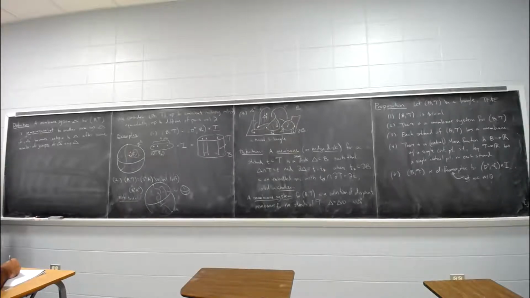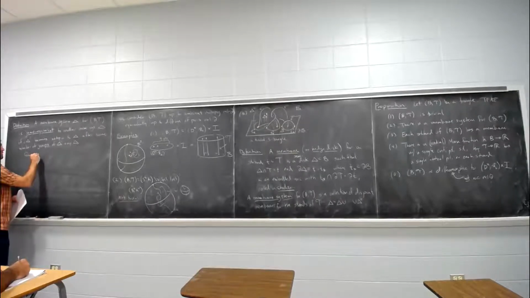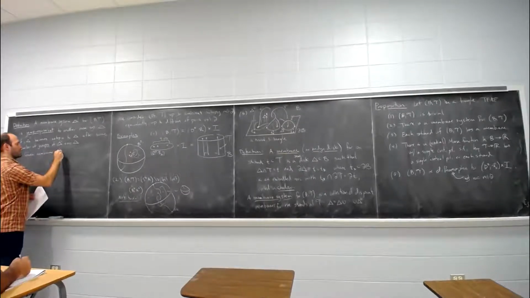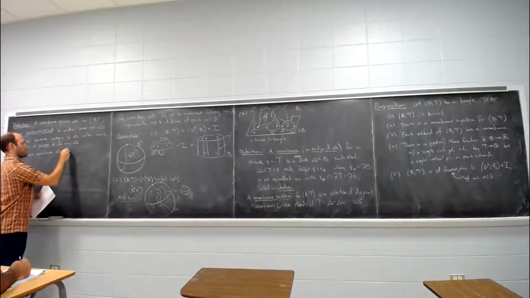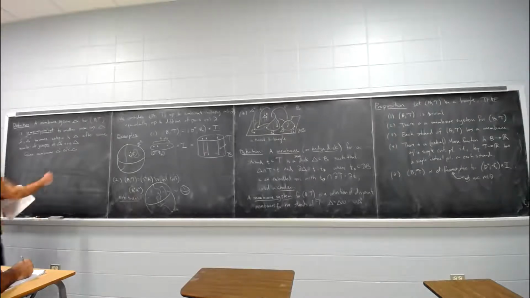Okay, so what is a jump? We're going to take membranes delta I and delta J, and think of these as components of the system delta prime.